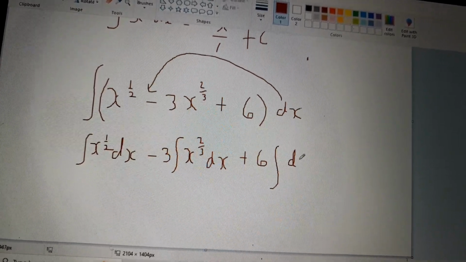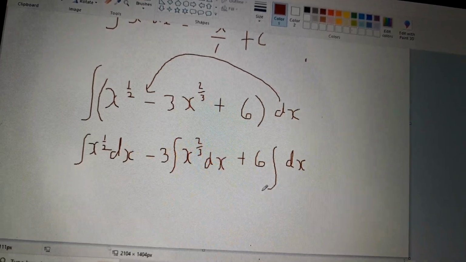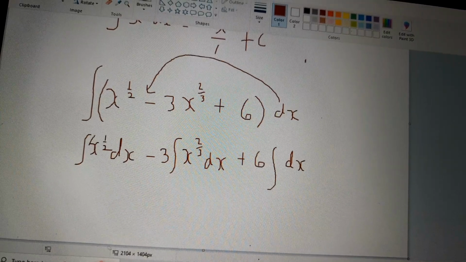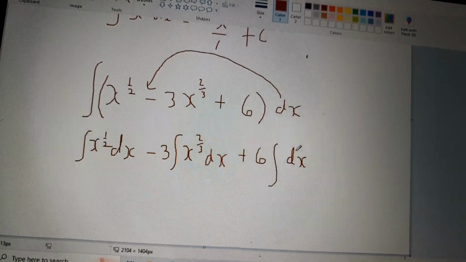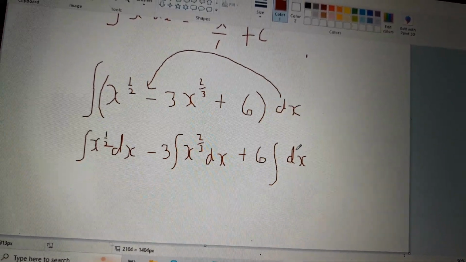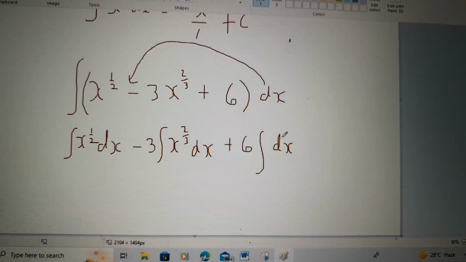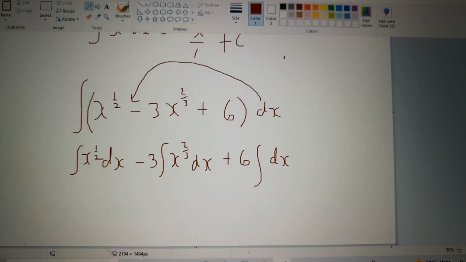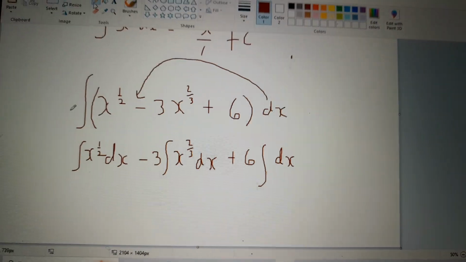So you can do this. All we are doing is finding the integral of each of these terms. Is that clear to everyone? If it helps you to understand it, feel free to do it like that. But as you become more proficient, we just integrate.